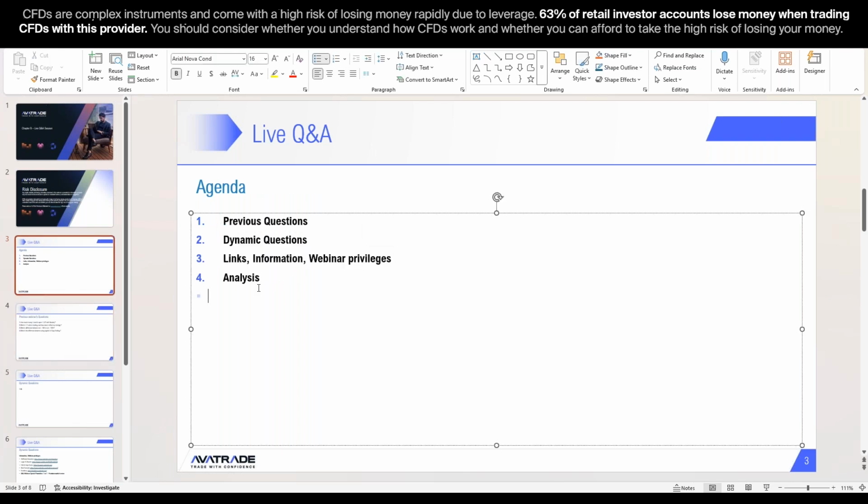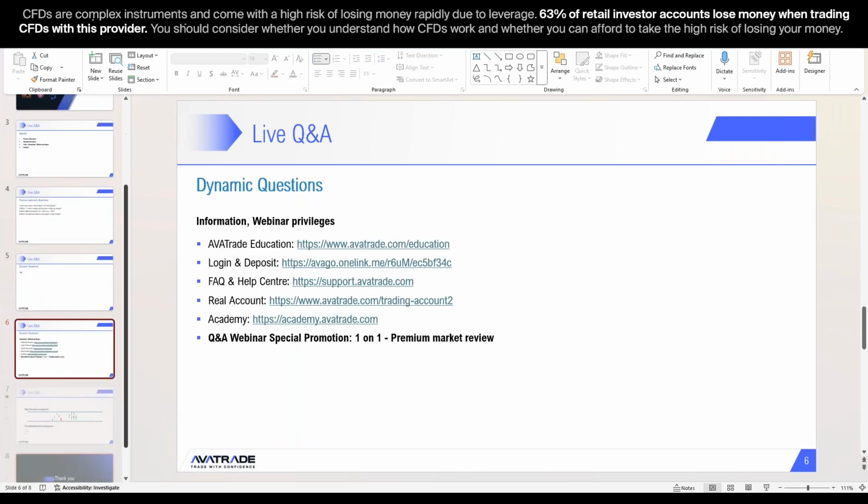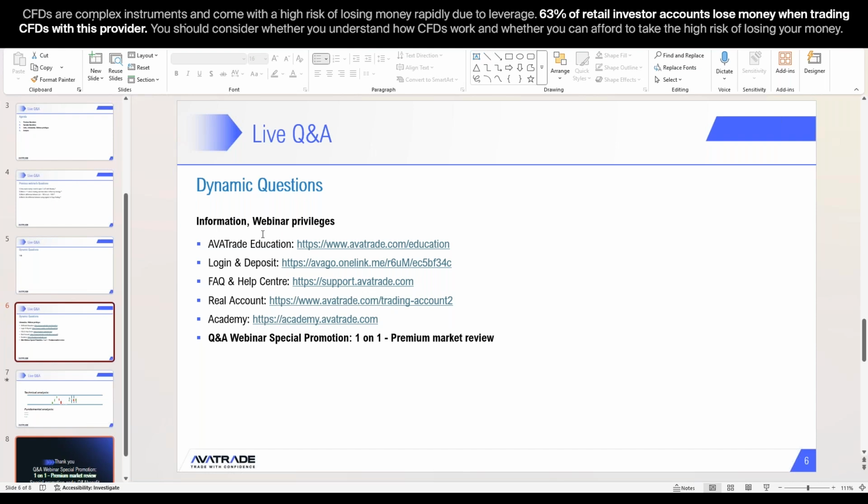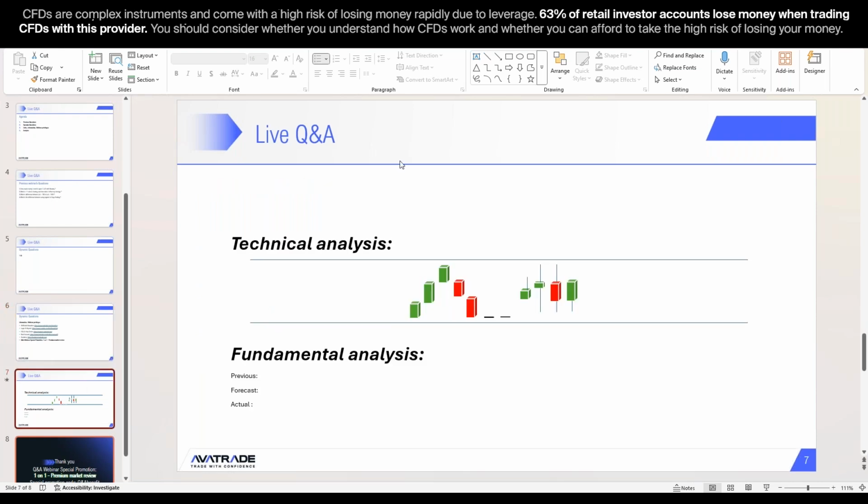The third part is more informative, just to share with you some links to save you the trouble to find those things by yourself on the website. And lastly, the slide is to help us emphasize the analysis approach, technical and fundamental analysis. As you can see, this is really just to help us understand analysis, but I'd rather use live data on the charts.